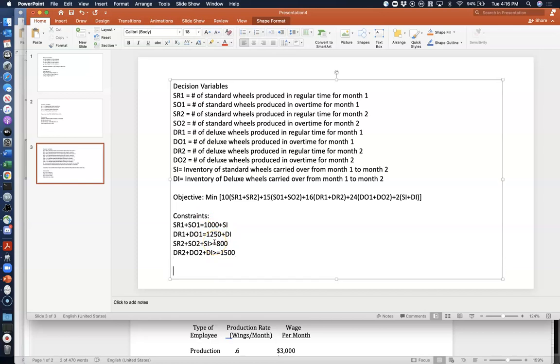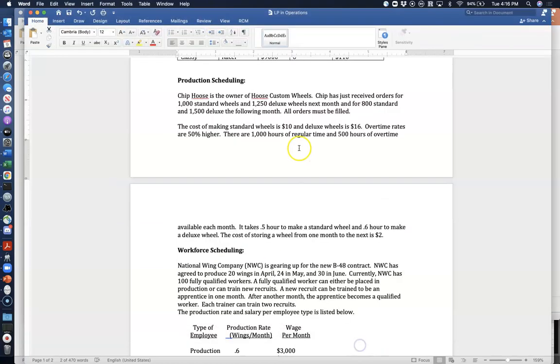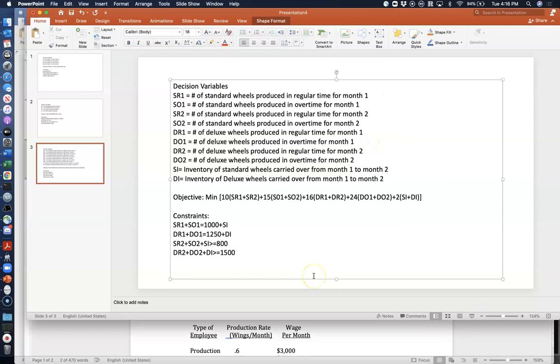Apart from this, you also have time constraints. You have 1000 hours of regular time and 500 hours of overtime available each month, right? So we're going to write two separate constraints for each month. The total amount of regular time you need in the first month: SR1 is the total number of standard wheels that you make, and it takes half an hour to make a standard wheel, so half an hour times standard wheels.